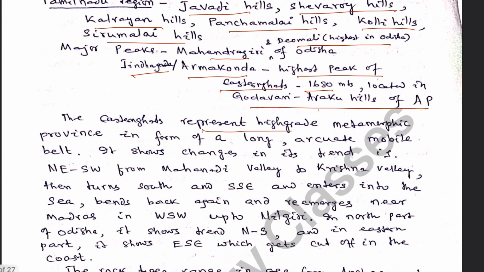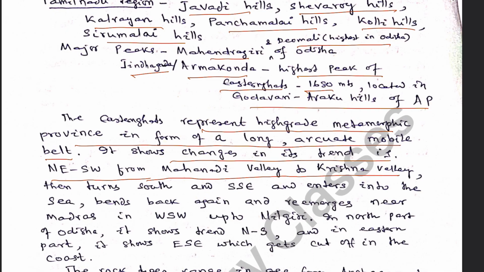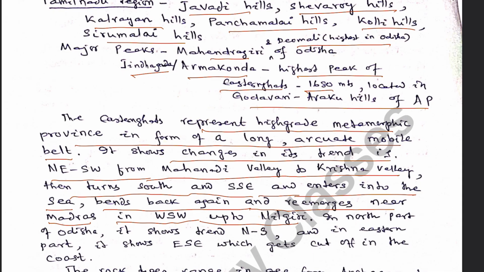The Eastern Ghats represent high-grade metamorphic rocks that form a long arcuate mobile belt. It shows changes in its trend, that is northeast to southwest from Mahanadi Valley to Krishna Valley, then turns south and south-southeast and enters into the sea, bends back again and re-emerges on the land near Madras in a west-southwest trend up to Nilgiri.